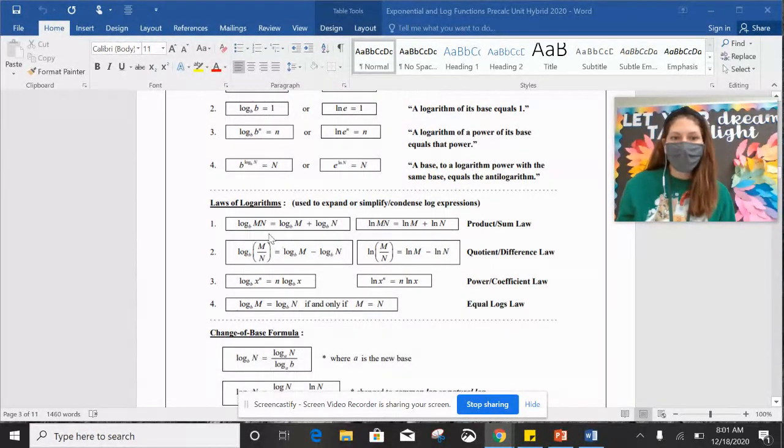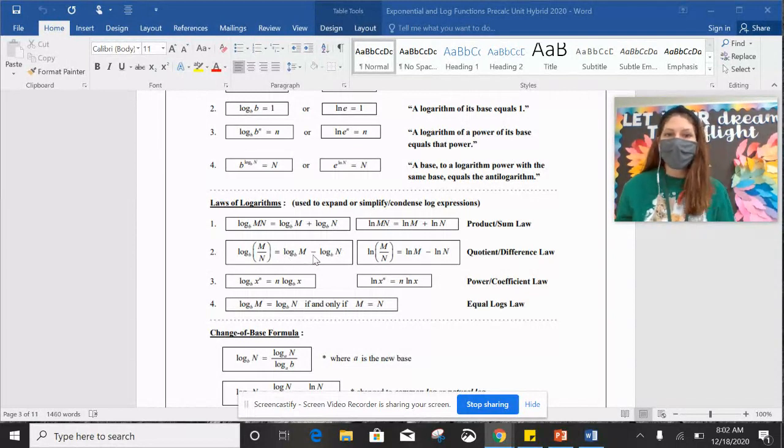The laws of logarithms, you've got your product rule, your quotient rule, your power rule, and my favorite, the cancellation rule. So when we condense logarithms, if you're adding two logs together, you can condense them by writing the word log once and multiplying what you're taking the log of.